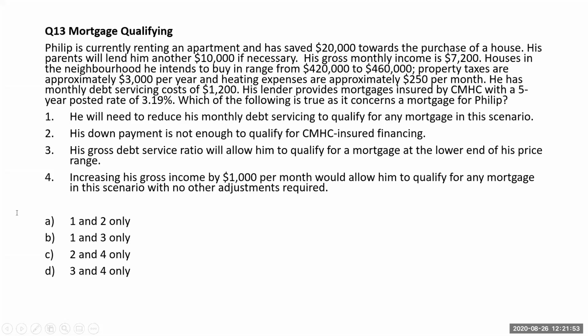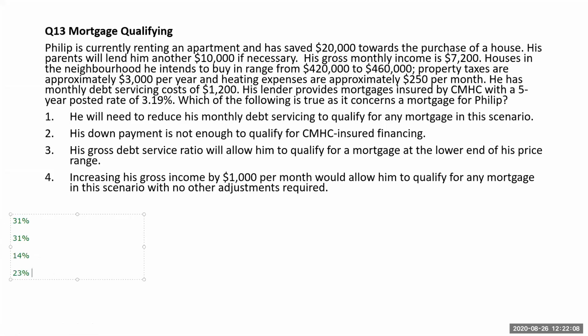Okay, so 31% here. We got 31% here. That's a funny distribution. 14% here and 23% here. All right, so a little more even distribution than last time anyways. And thanks for those that were able to answer.